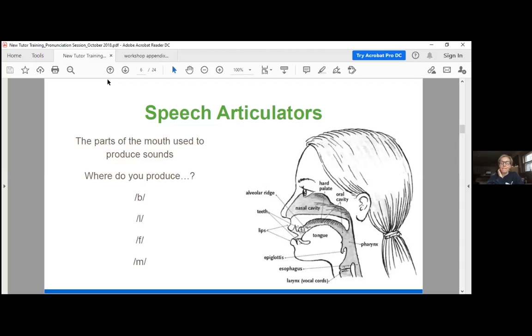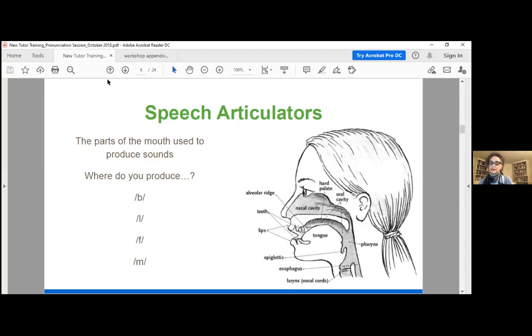It's your teeth, and there's another place that it's touching. Roof of your mouth. Excellent. So you've got your tongue and the roof of your mouth. Now, what part of your tongue? Is it the tip of your tongue or the back of your tongue? Tip. Excellent. Okay, very good.